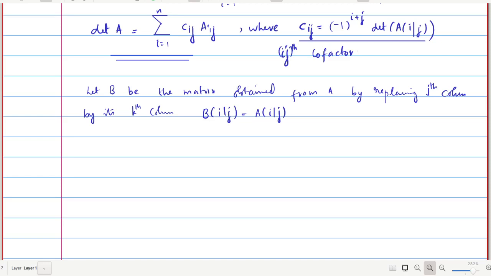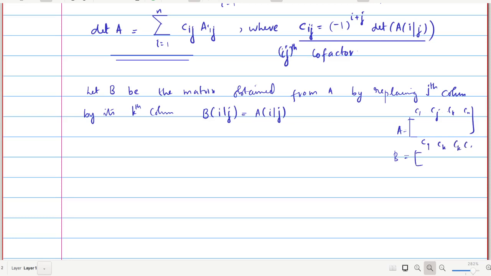If we write A as the matrix whose columns are C1, and so on, Cj, and so on, Ck, and so on, Cn, then B is the matrix obtained by replacing the jth column by Ck.